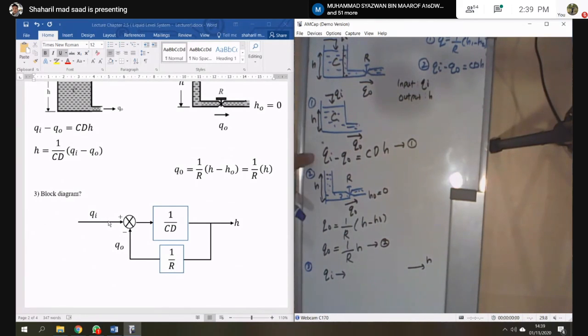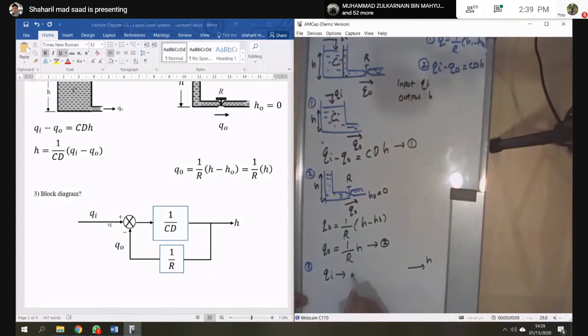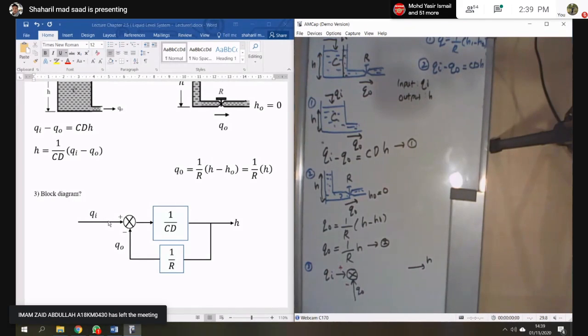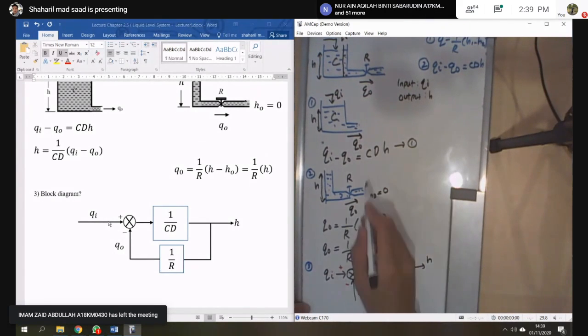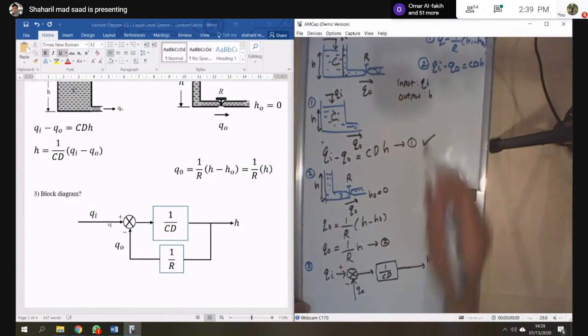So let's try for the input. Equation number 1, Qi minus Q naught. So you will have some comparator with Qi, this one is Q naught, and this one is plus, this one minus. Then it will multiply with 1 over CD, and then you will get H. So done. Question number 1 done.